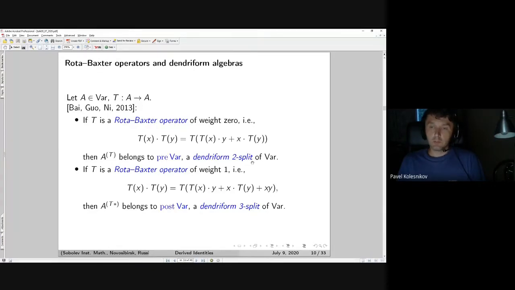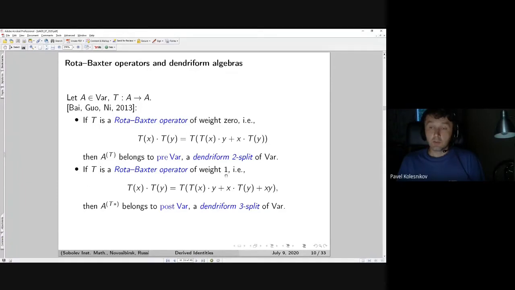I would like to avoid explaining it in detail, but it is actually a very simple procedure. So we may produce the identities of pre-Var from identities of Var in a canonical way. The same thing happens if we consider Rota-Baxter operators of non-zero weight. Of course, up to some scaling, it's sufficient to consider weight 1.